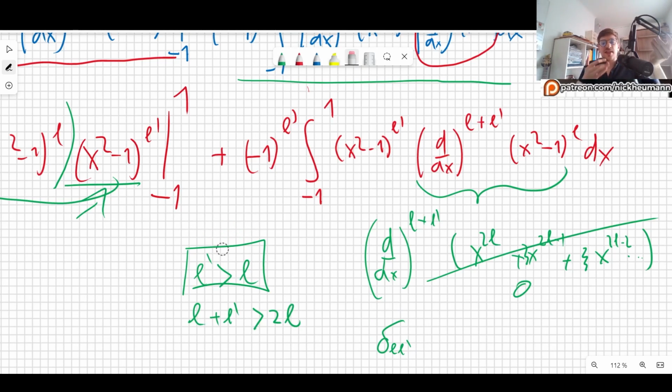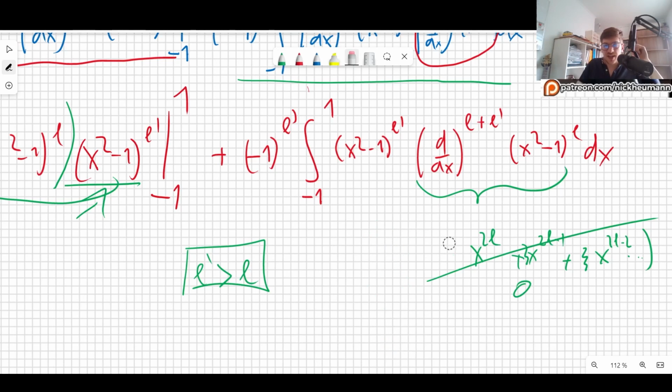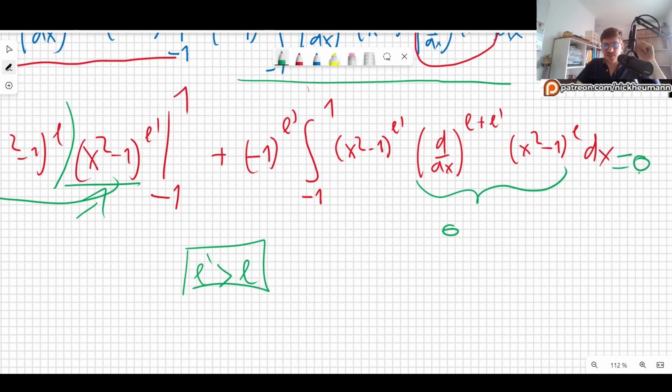We could have done this entire procedure, but instead of choosing u to be what we chose, we could have chosen that thing to be dv and done the integration by parts the other way around, and we would get to this, but in the other case in which L would be greater than L prime. But in the case we chose, that is the condition. So if L is greater than L prime, then that entire integral, as we just saw, is also 0. So that means that all of this is 0.